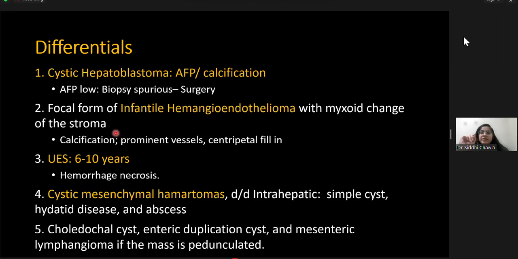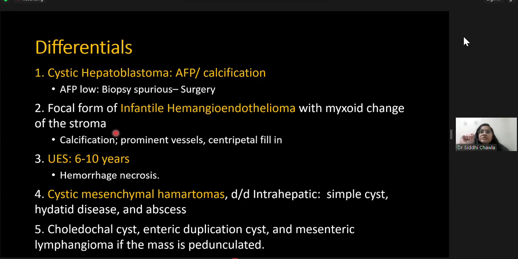So one very important reason why I am discussing this case is because next, when I'm going to show you the MRI of this patient, you will know exactly why I included this case in the discussion, because it is the differentials that made people do what they did, and it was grave for the patient.